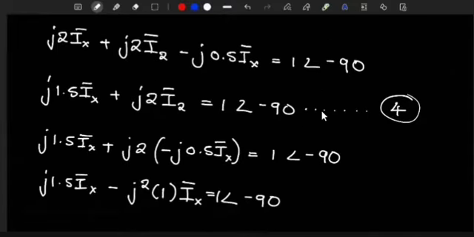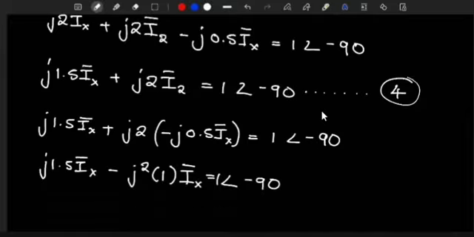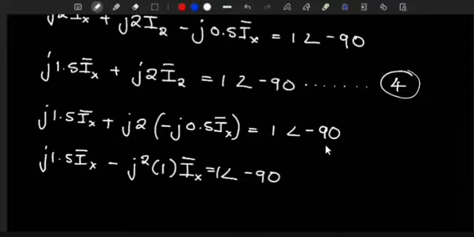Is that okay? Is that fine? Yes. So we simplify.